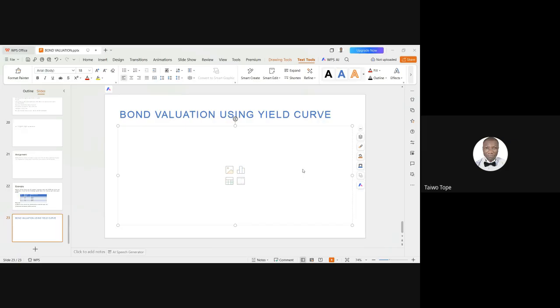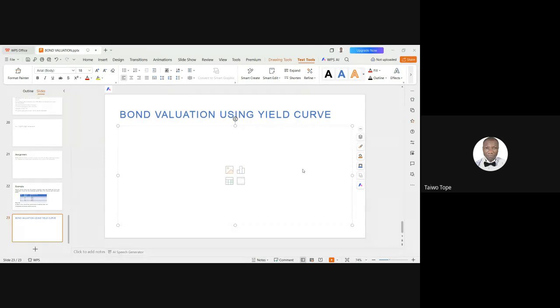So in the last class, we defined bond as a contractual agreement between the issuer and the bondholders. And we said bond is one of the sources of long-term financing need of an organization. And there are redeemable and irredeemable bond.